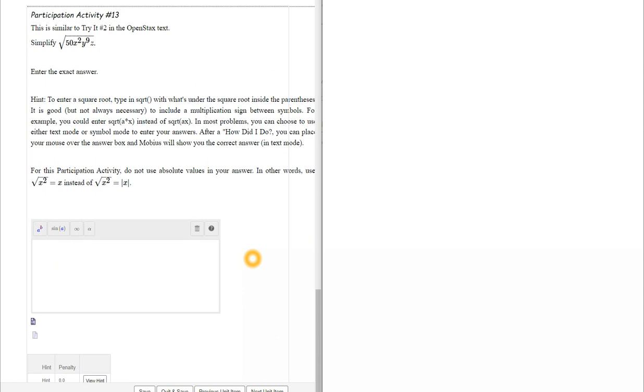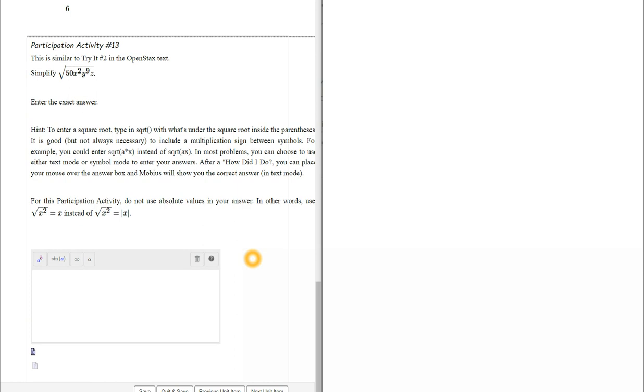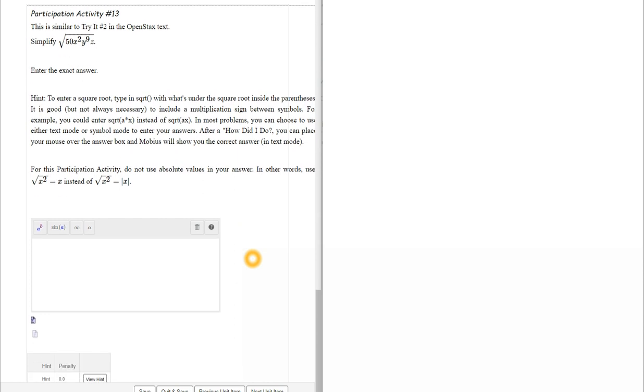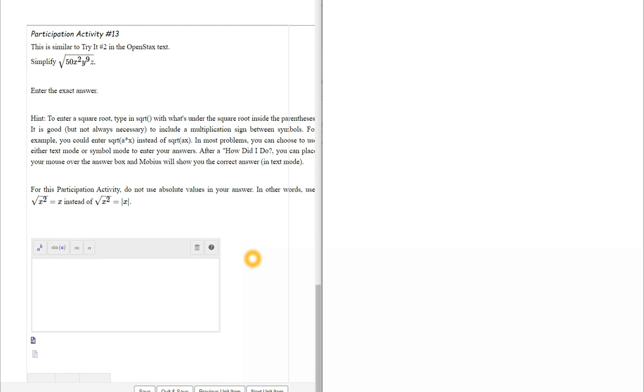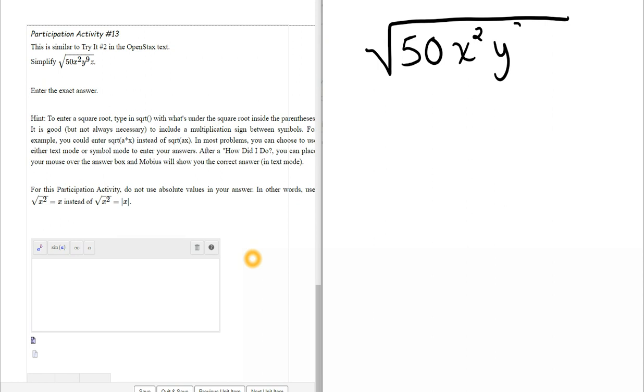It's going to generate a different question for each of you, although it looks like my variables might be the same. But anyway, this is what it gave me: the square root of 50x squared y to the ninth z.